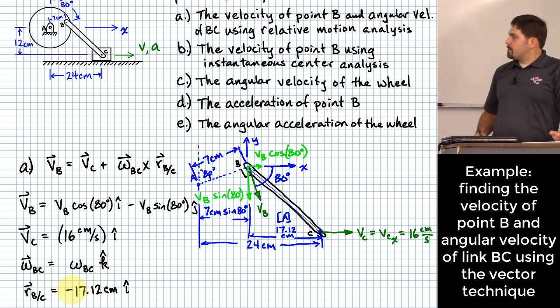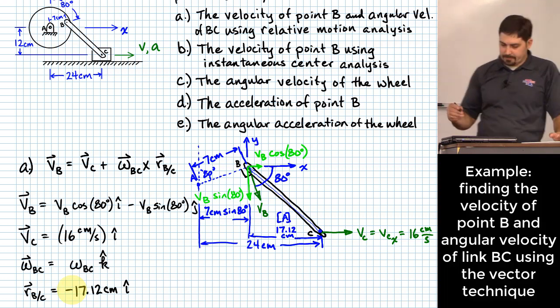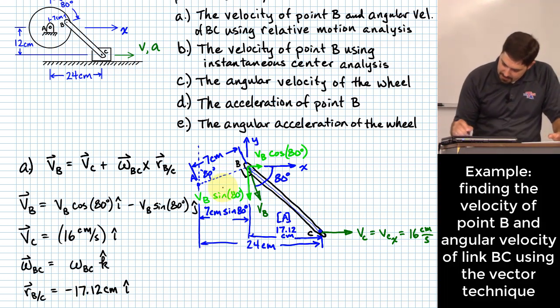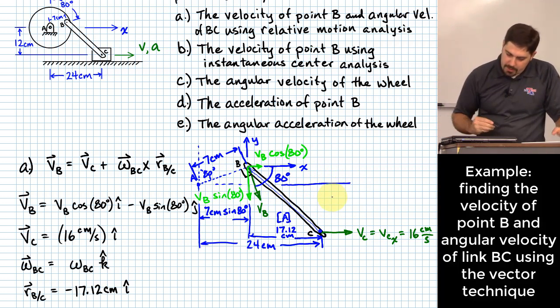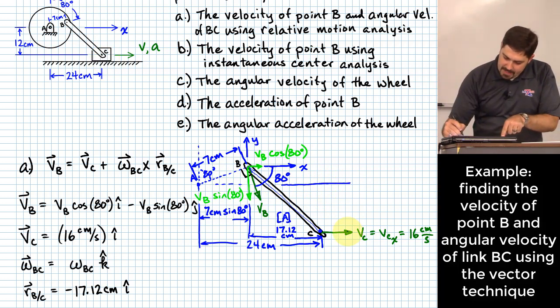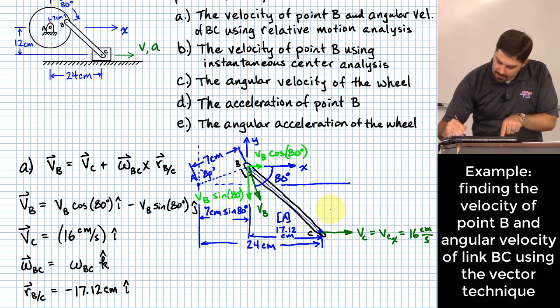Okay, so there's that piece. What's our other piece? Looks like I might have to kind of work on it over here. Our other piece happens where I know the height from point C up to point A. That's going to be 12 centimeters.